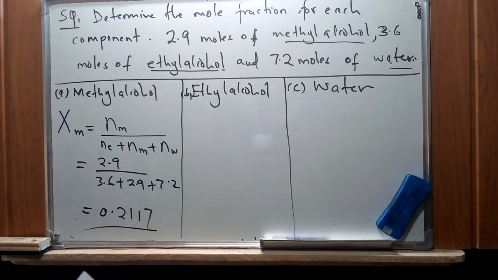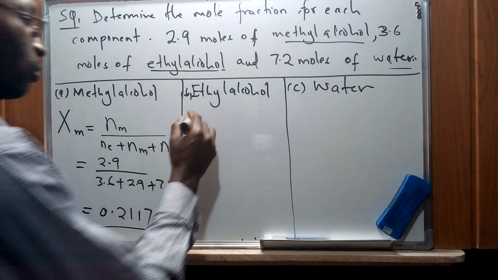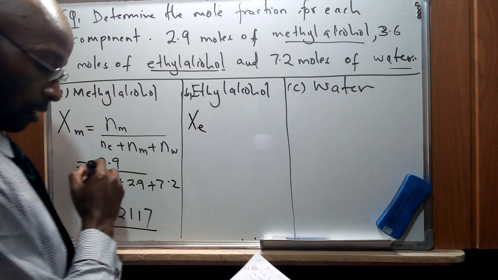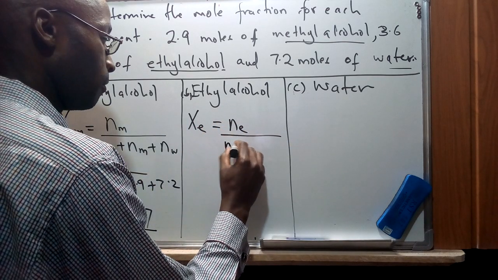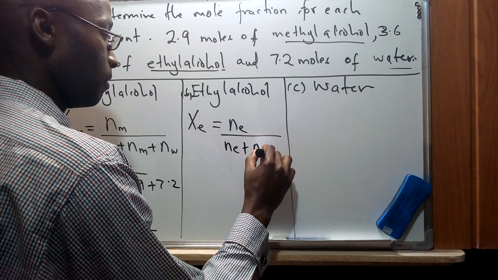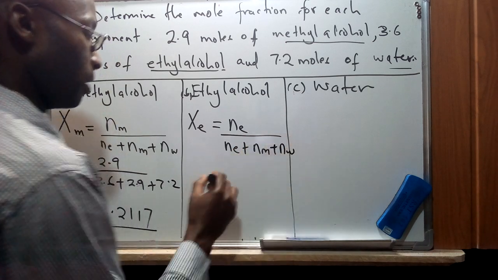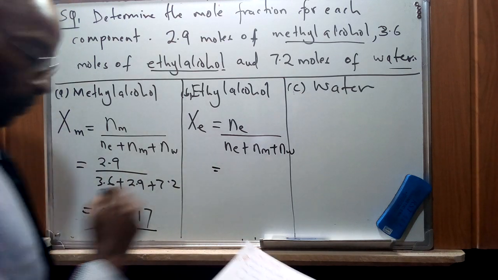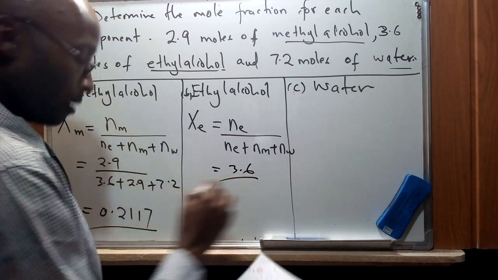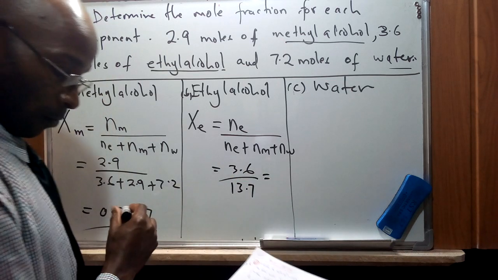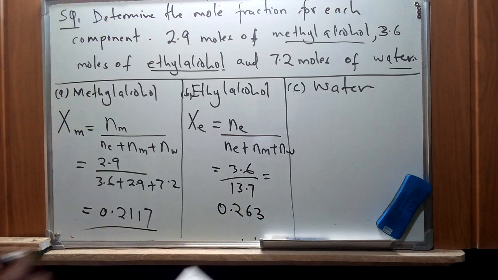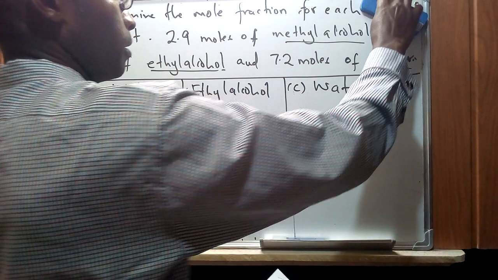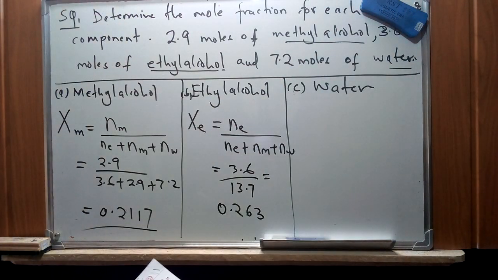Similarly, the mole fraction for ethyl alcohol is going to be Xe, the number of moles of ethyl alcohol over the total number of moles, which is 3.6 over 13.7, and that is going to give us 0.263.